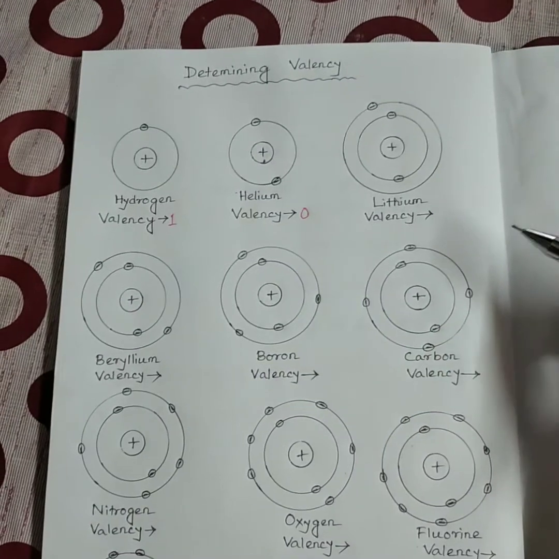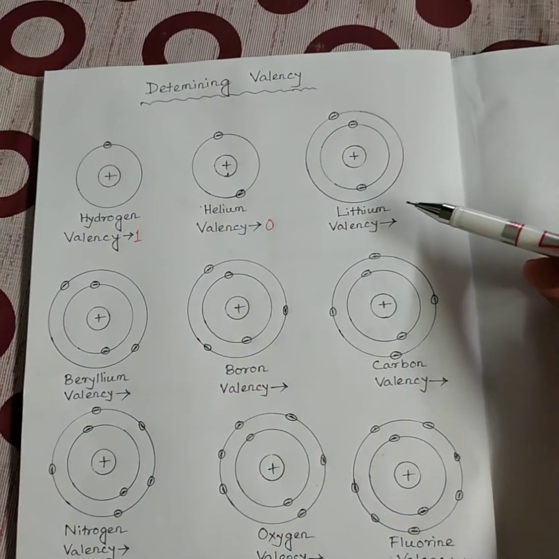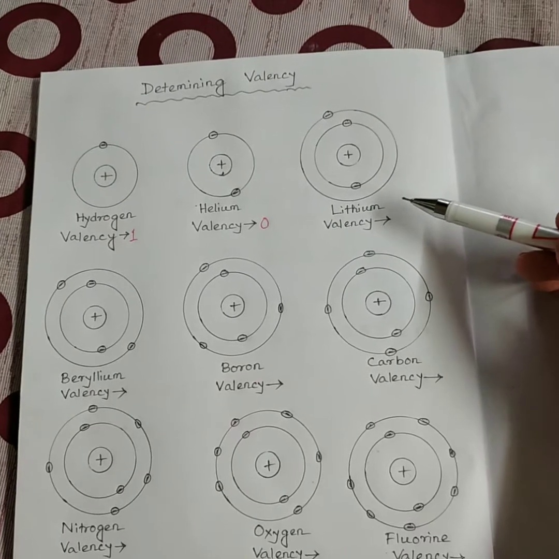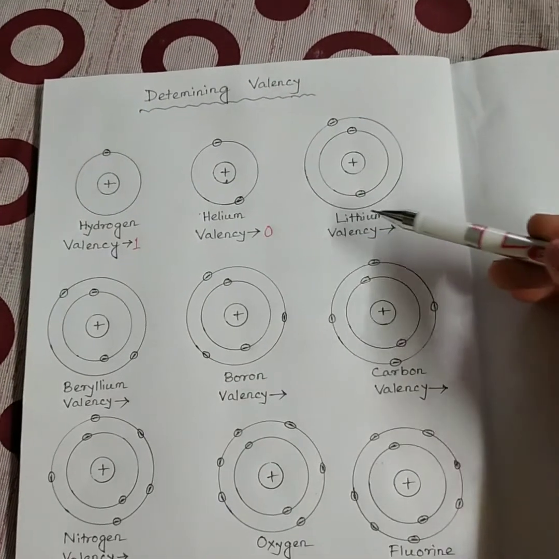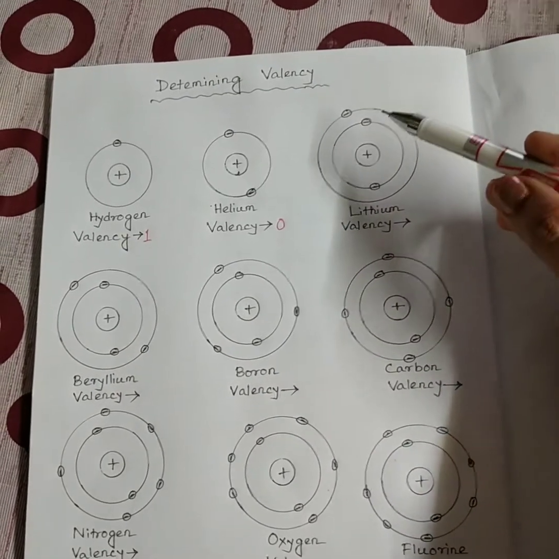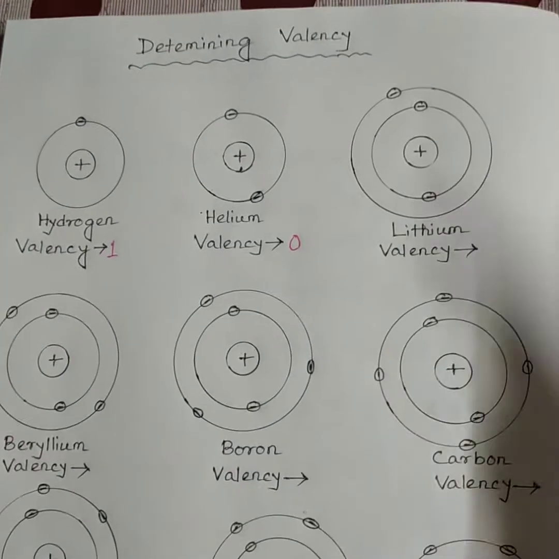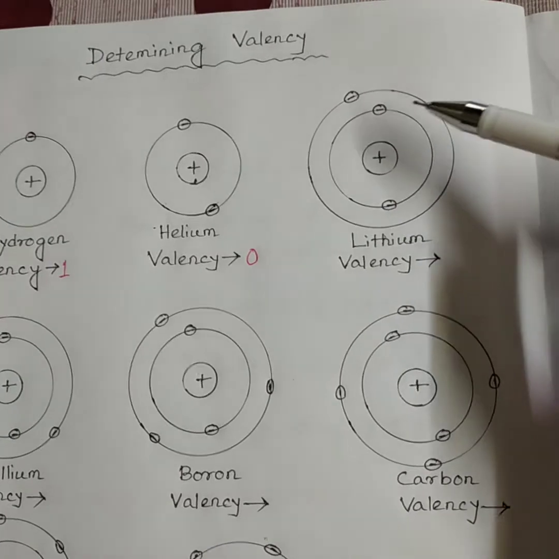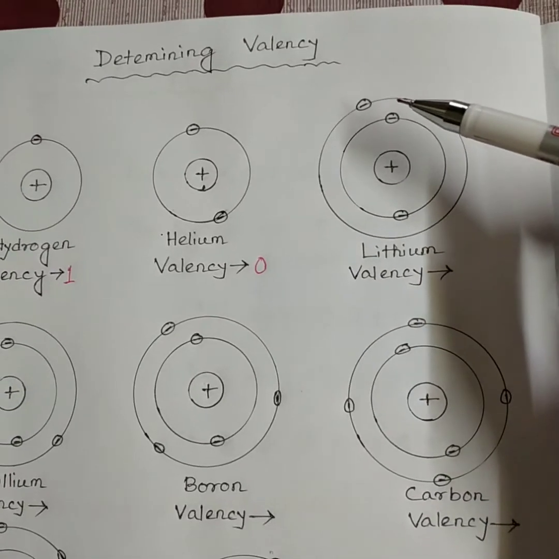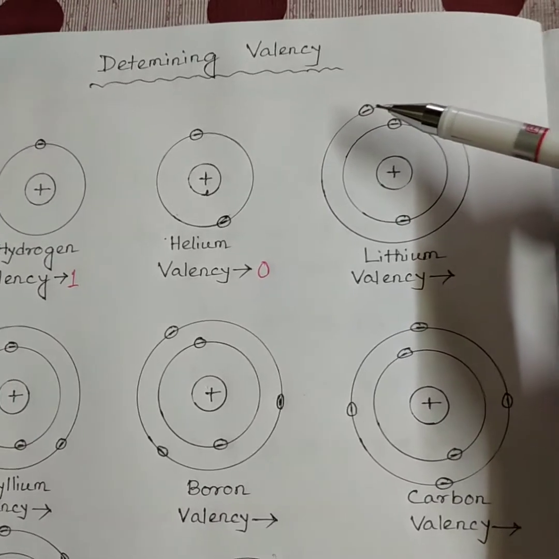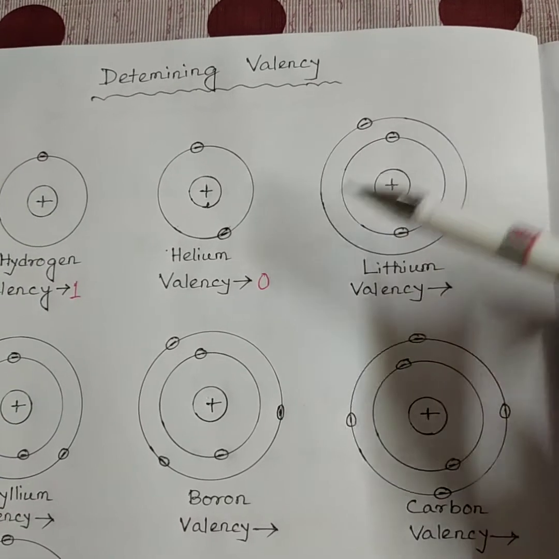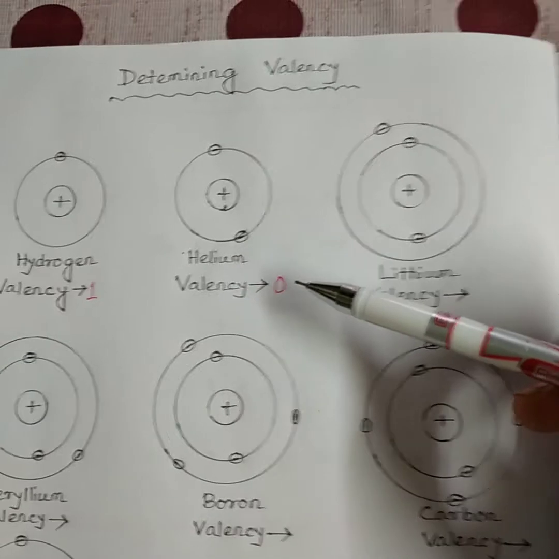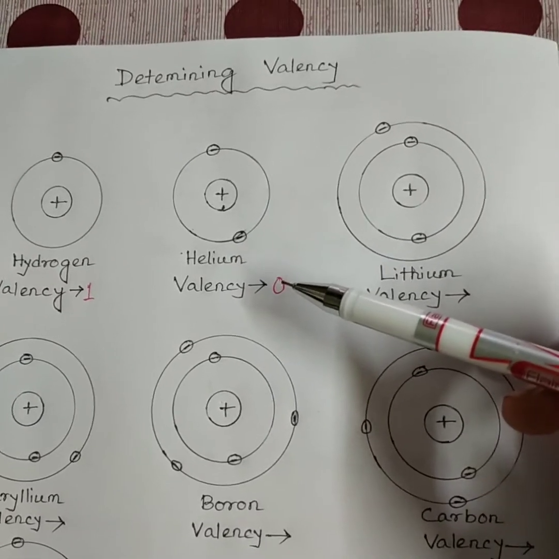Now, you can see the lithium atom. The number of electrons in the outermost shell is 1. Lithium needs to lose this 1 electron to attain the nearest inert gas configuration.